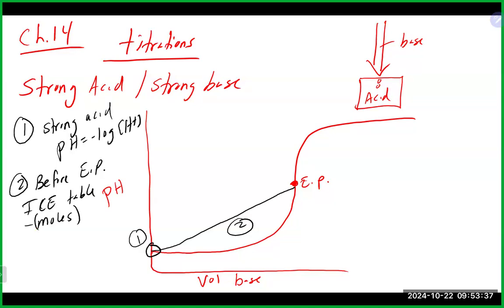At this point your acid is the excess reagent. You use the ICE table to figure out the concentration of your acid after you add your base. At the end of that ICE table, after you do it in moles, you convert back to molarity using the total volume. You then still have a strong acid left over, so you get the H+ concentration and go right into the pH equation like we did before.